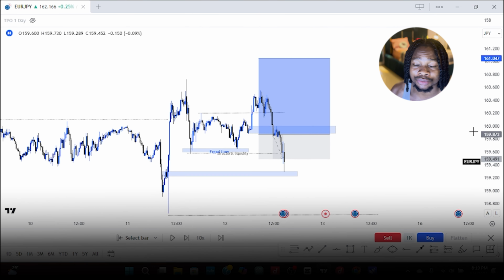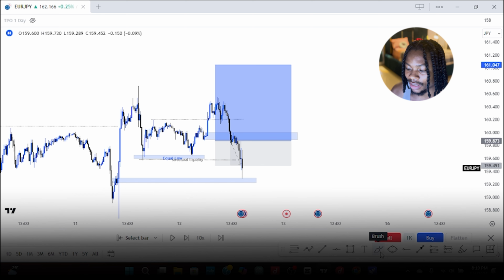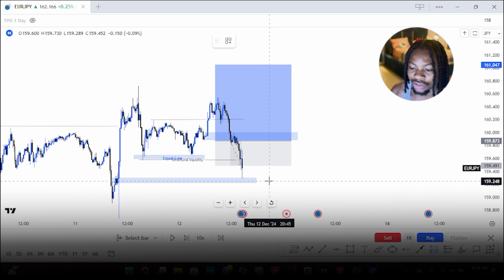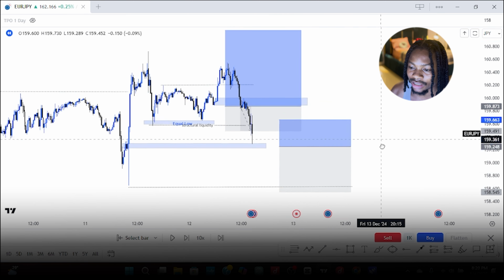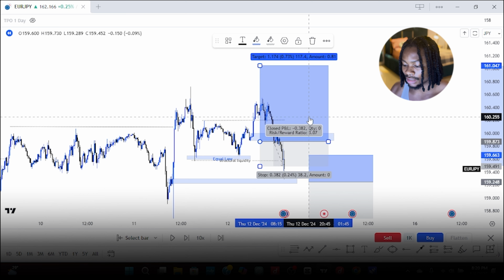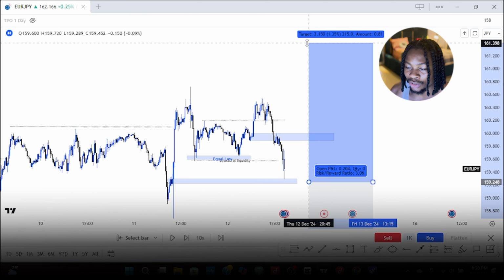You were not wrong, you were just in at the wrong time. Assuming you took this trade below this zone, knowing that you don't have a structural liquidity, and you targeted above this high, it would have been good.